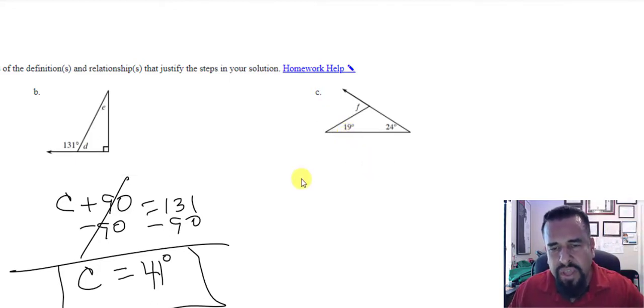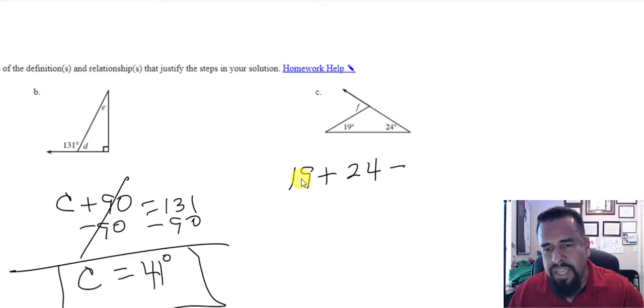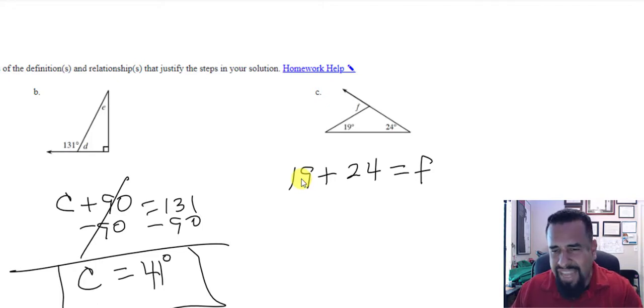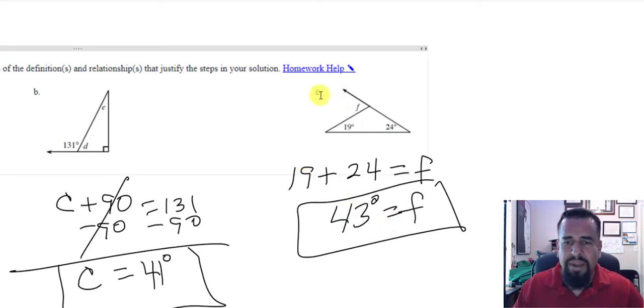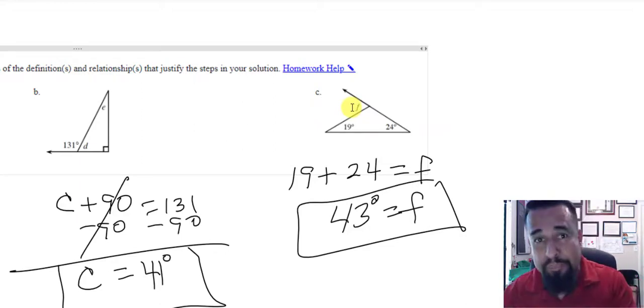So if that's true, then I can get 19 plus 24 equal to F. So all I have to do is add these up. So that would be 43 degrees equals F. And at this point, I found my measurement for the exterior angle. Oh my goodness, you're a pro now.